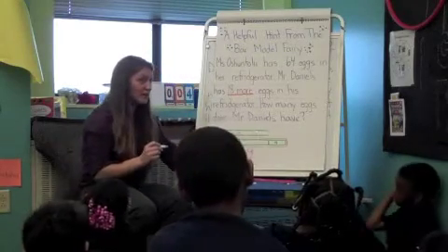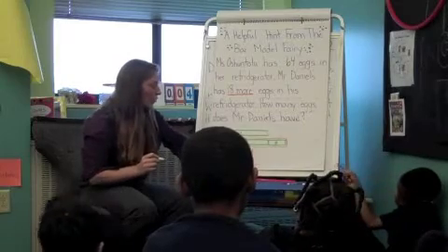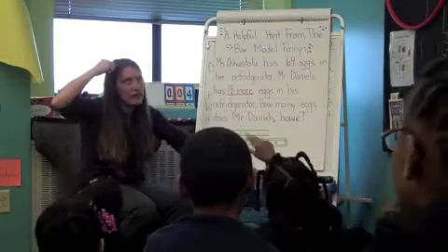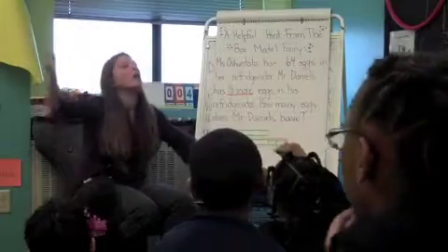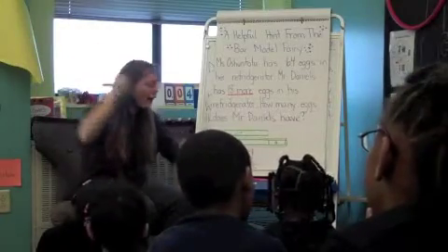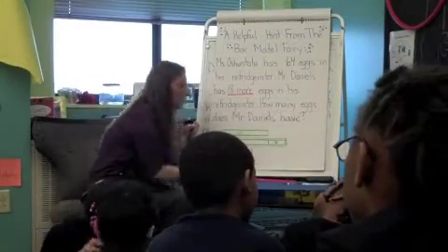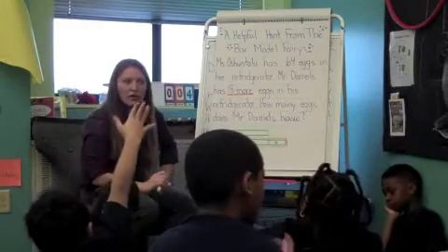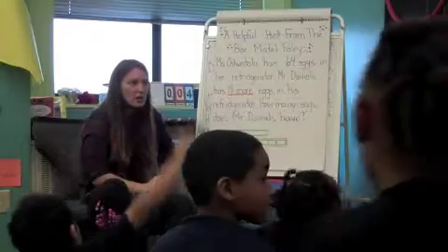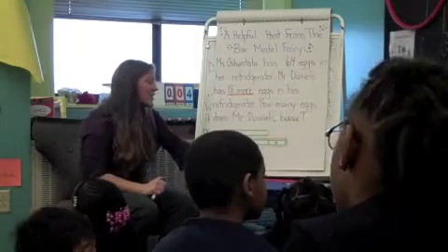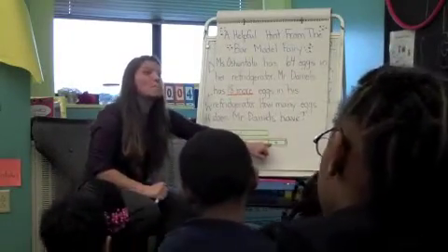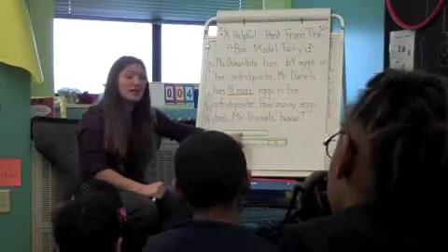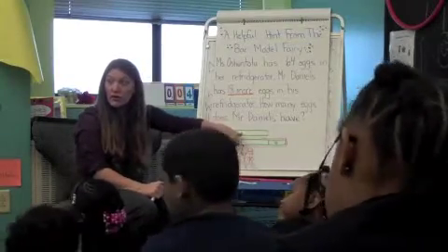And then add the 10s. So I have 1 plus 6, 7. 7 plus 1, 8. So how many eggs does Mr. Daniels have in his refrigerator? Mark. 82. He has 82, which is 18 more than Miss Ashantolu.